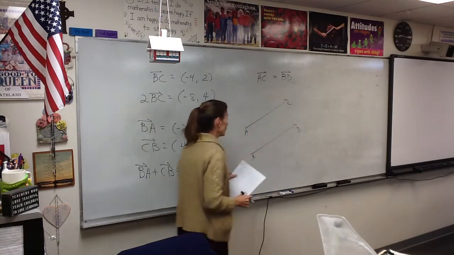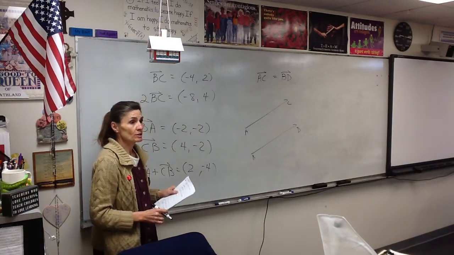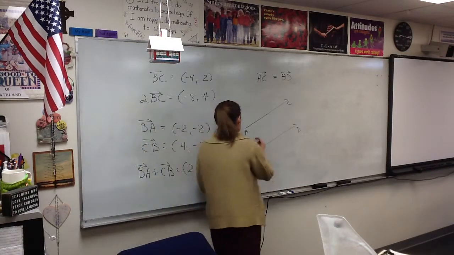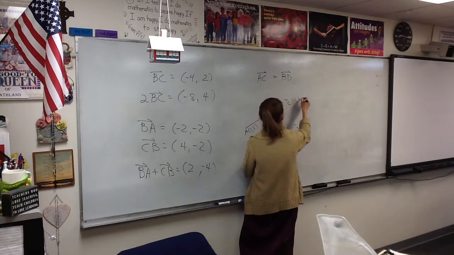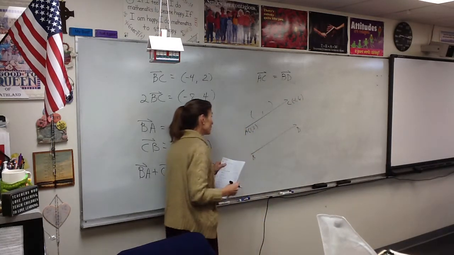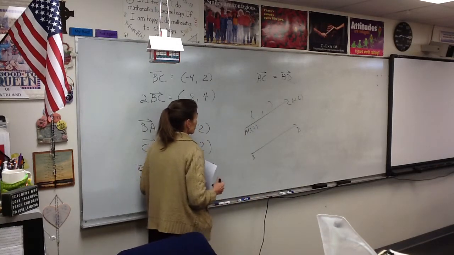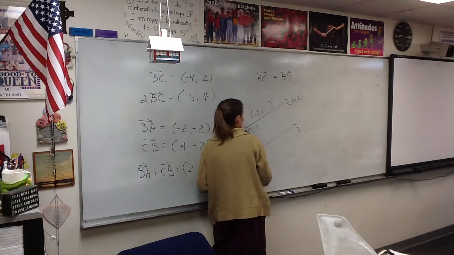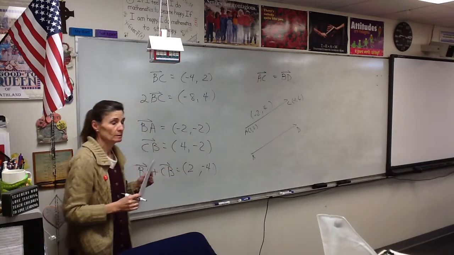I need them to equal each other. That means they have the same length and they're pointing in the same direction. Point A is 1, 2, and point C is -1, 6. So tell me the coordinates of this vector. What are the coordinates of the vector from A to C? -2, +4. Yeah.